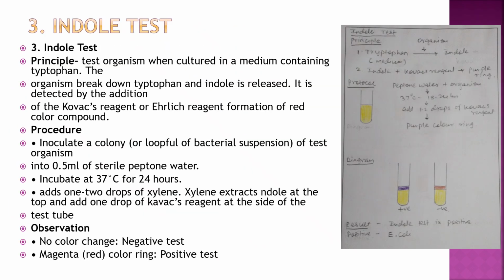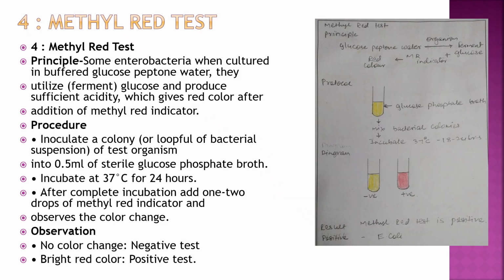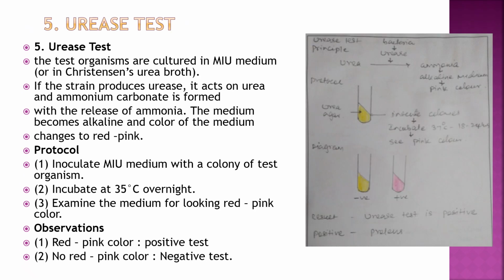Then biochemical tests for the gram-negative bacilli are IMViC: indole, methyl red, Voges-Proskauer, citrate. Indole: you can see purple coloring in a positive test, that is seen in E. coli. Methyl red: you can see the red coloration, that is seen in E. coli. Urease test: the yellow slant converted to a pink slant, that is seen in Proteus.